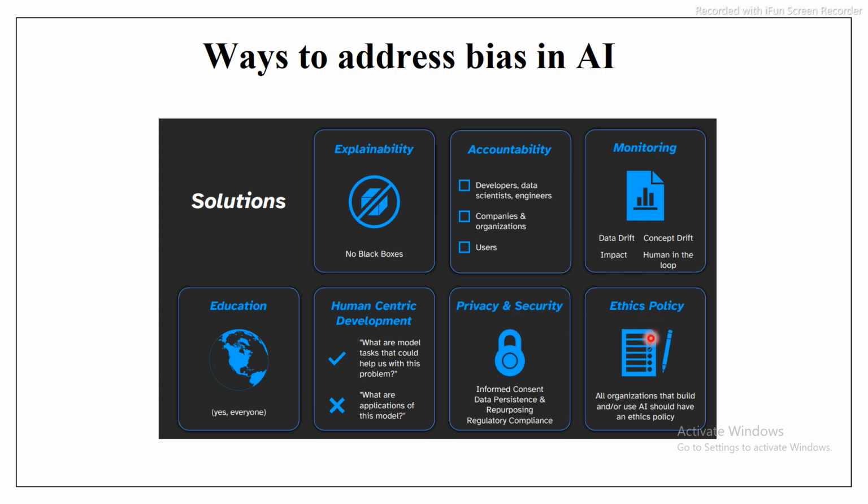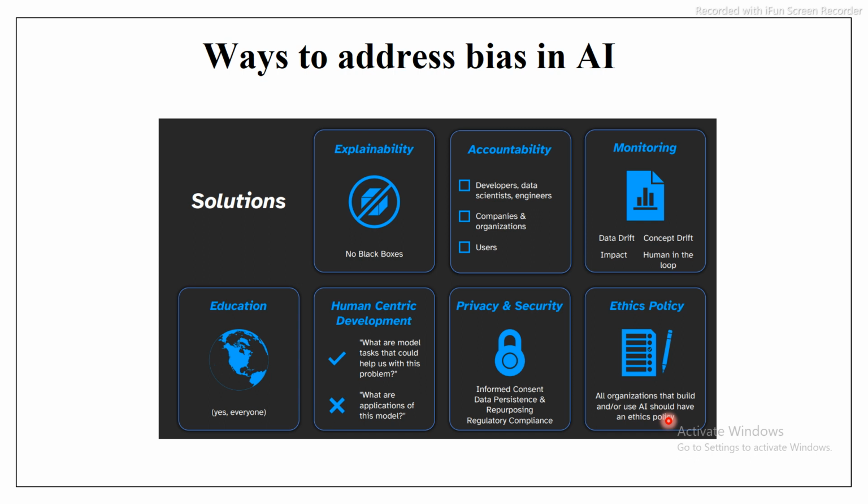And the ethics policy: all organizations that build AI should have an ethics policy, because how ethical your AI systems are is very important. Whether you have used some unethical practices to train your data is something you have to take care of to reduce the biases.